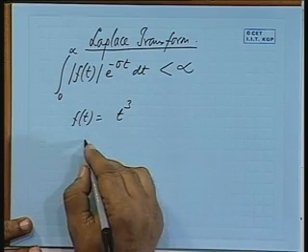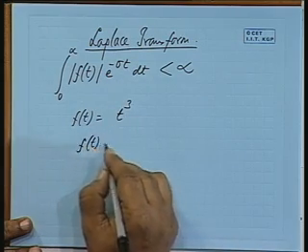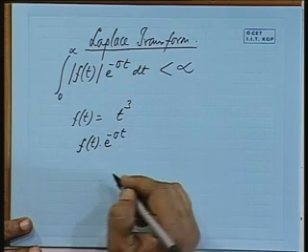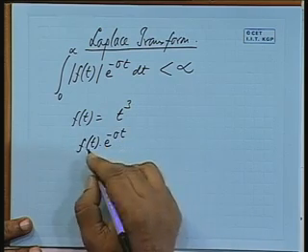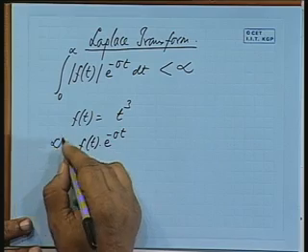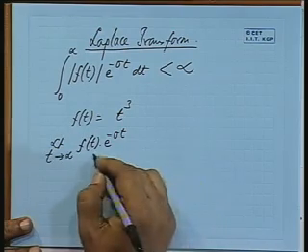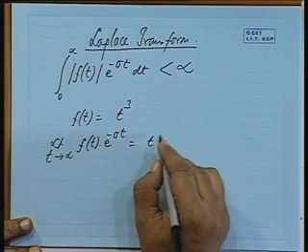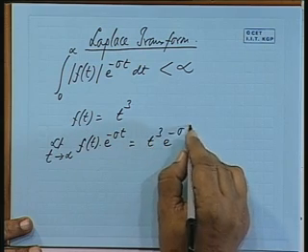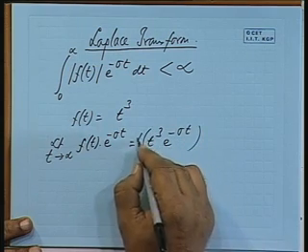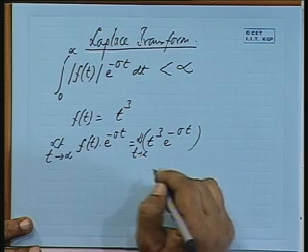Let us see. f(t) into e to the power minus sigma t as t tends to infinity, how much is this product? t cubed into e to the power minus sigma t, limit t tending to infinity.